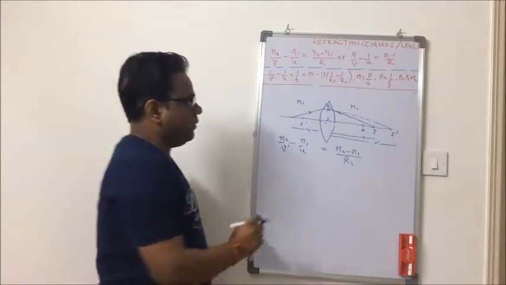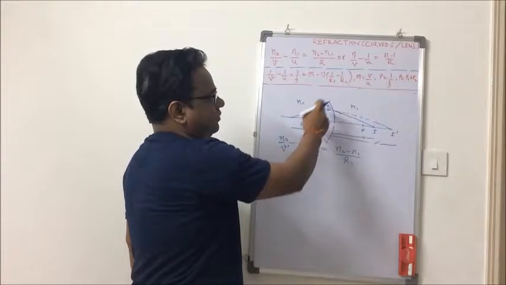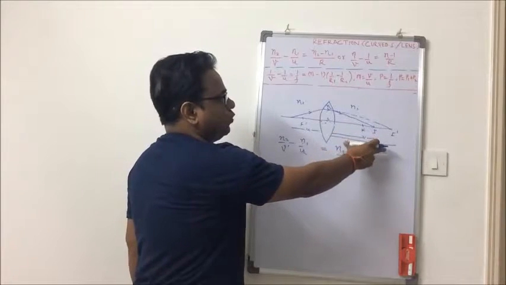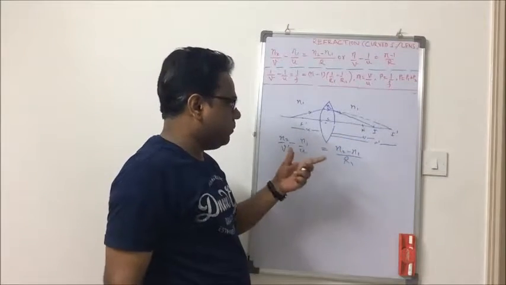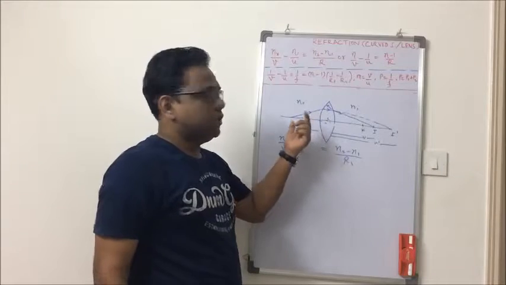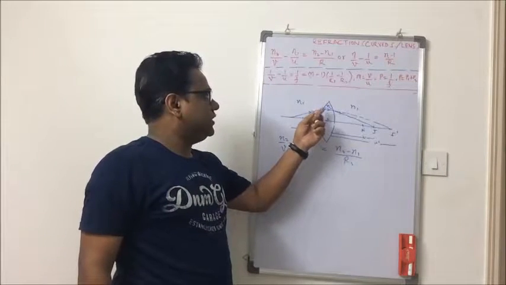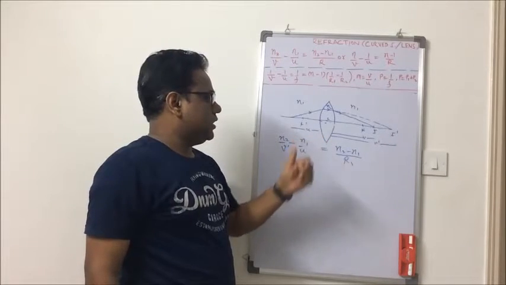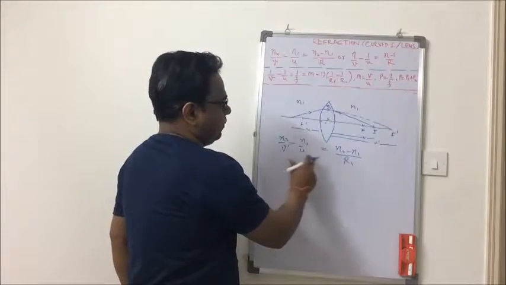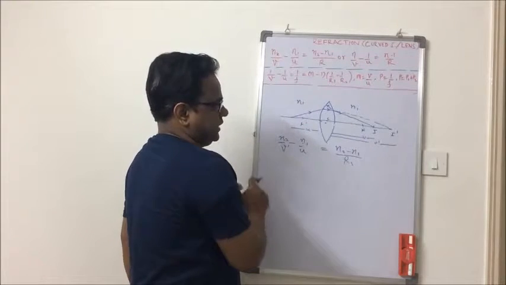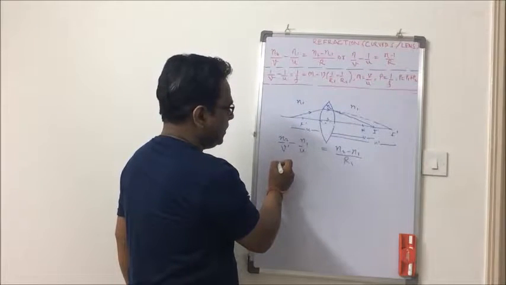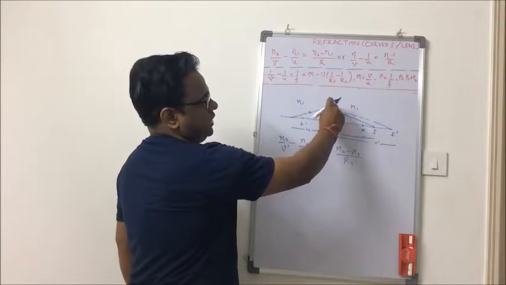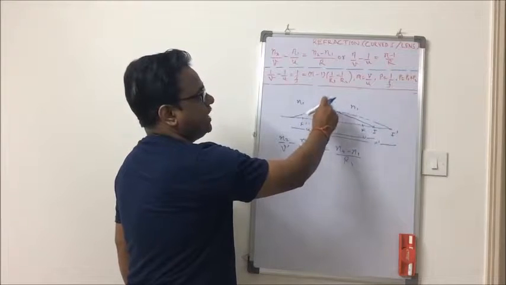Alright, now for the second curved surface, your V dash, which is the image formed by the first surface, will become U for the second surface. So now the formula will be N1, because here the ray is going from N2 to N1.